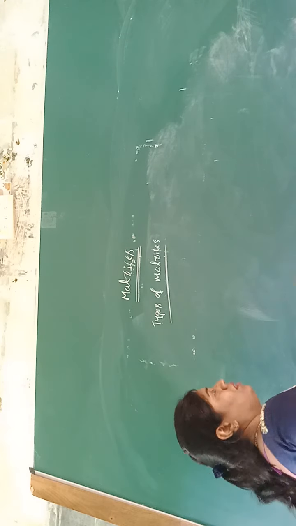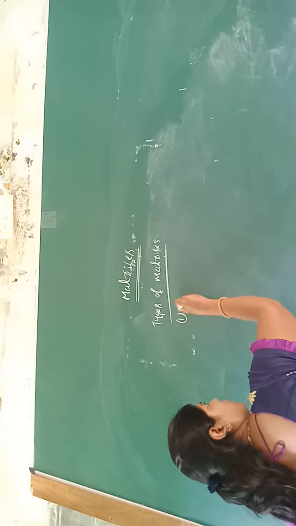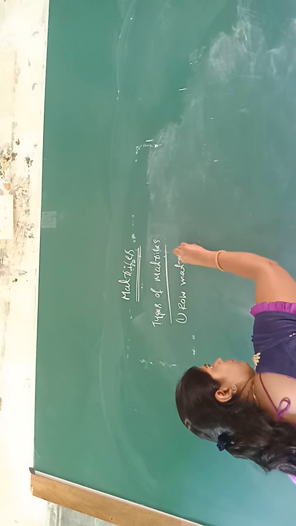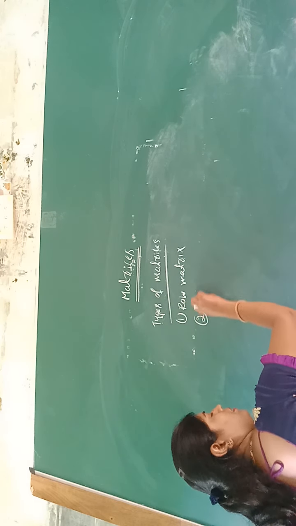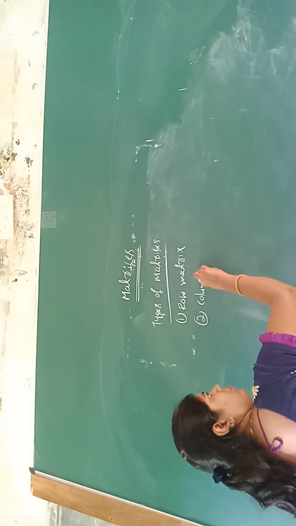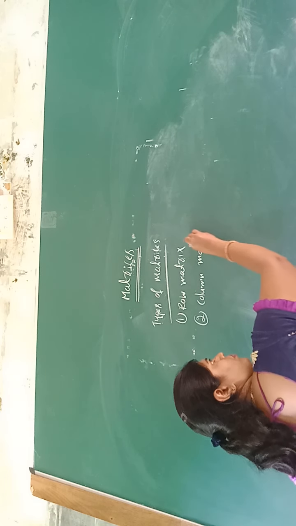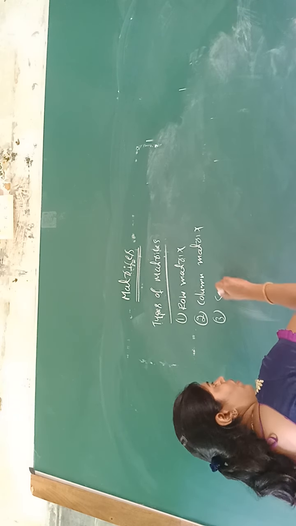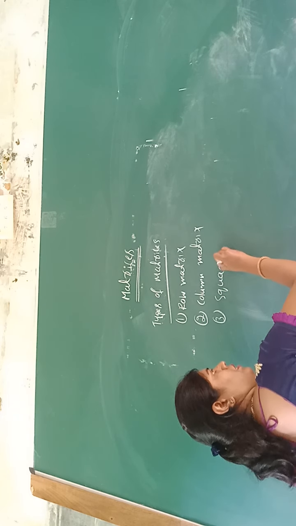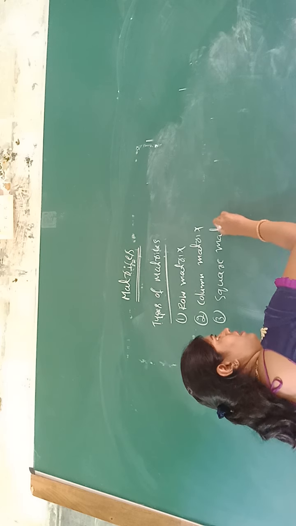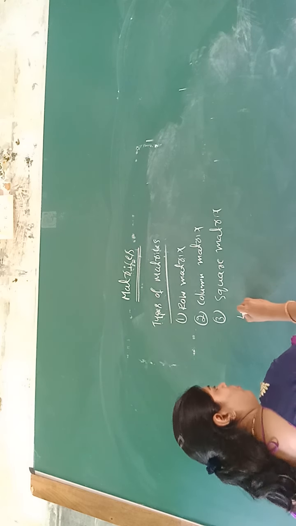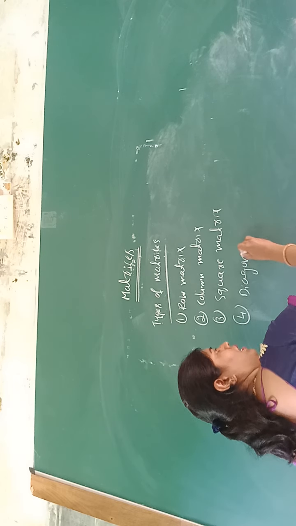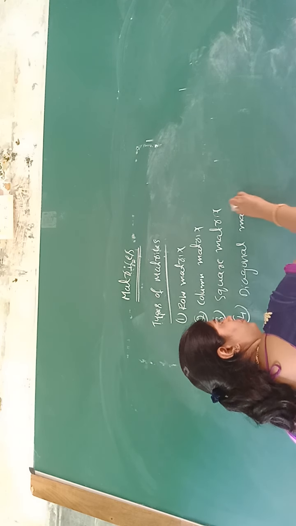So there are types of matrices. First one is row matrix. Second one is column matrix. The third one is the square matrix.